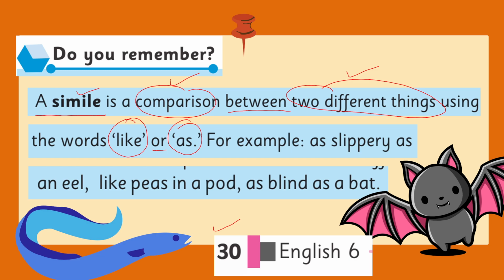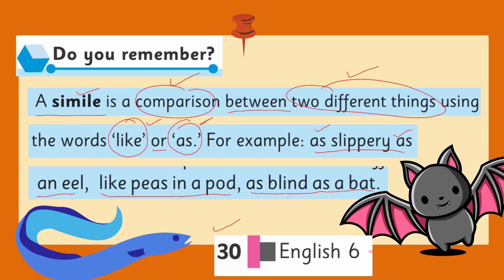For example, as slippery as an eel, like peas in a pod, as blind as a bat. Now, we are familiar that in simile we use words like or as for comparison. Here as is often used twice, before the word and after it.